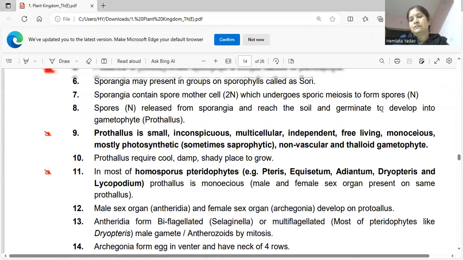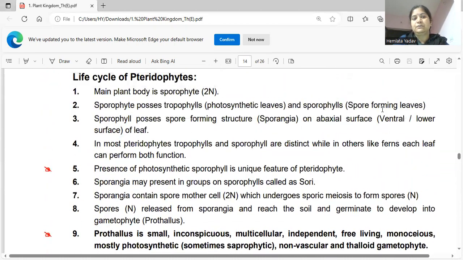After the fusion of the gametes, the sporophyte is produced, which is the main plant body of the pteridophytes. The sporophyte is a diploid structure, and has trophophylls, photosynthetic leaves, and sporophylls, the spore-forming leaves.